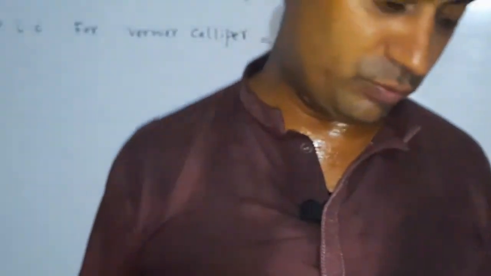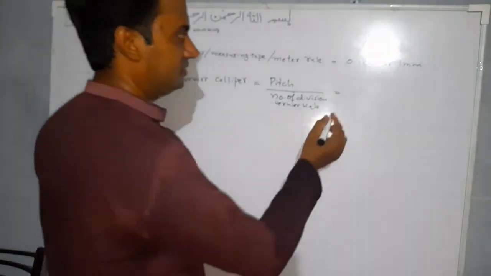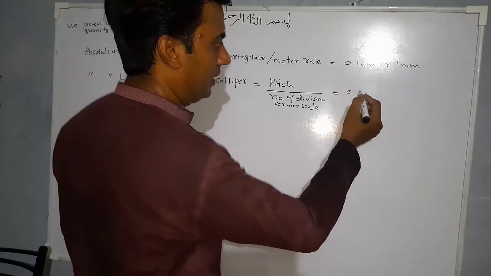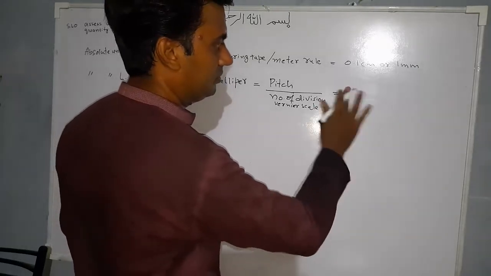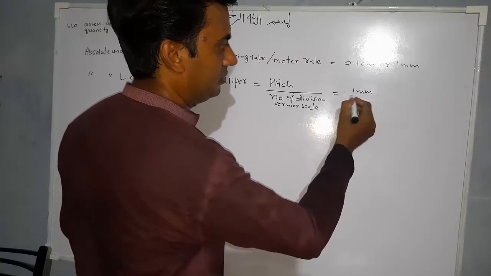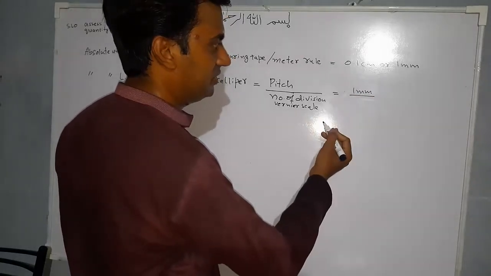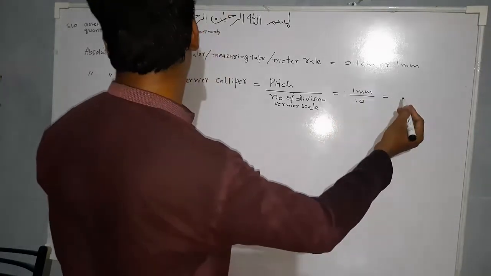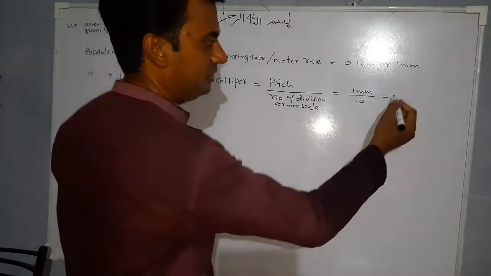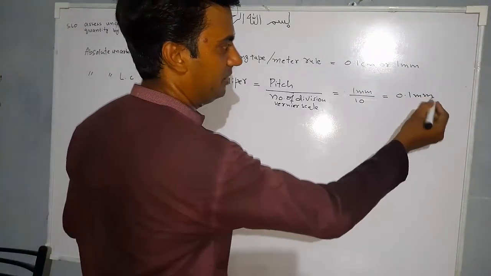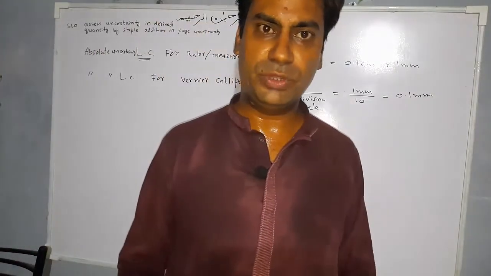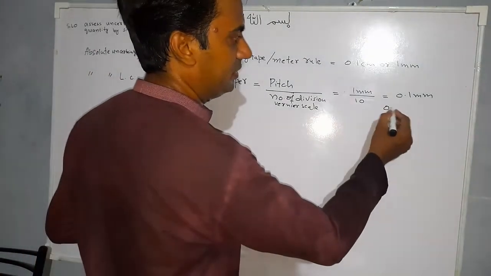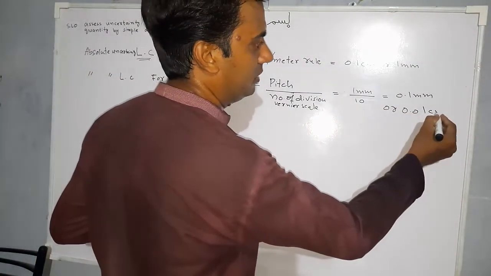In the vernier caliper, the two consecutive threads indicate simply 1 millimeter, and the number of divisions present is 10. So the least count or absolute uncertainty will be 0.1 millimeter, which we can also write as 0.01 centimeter.